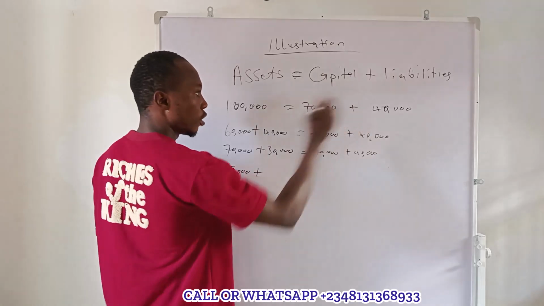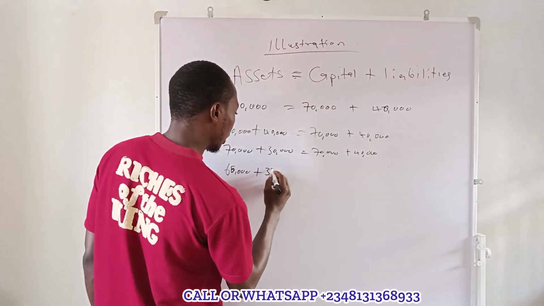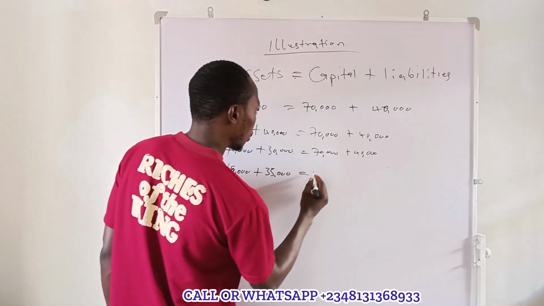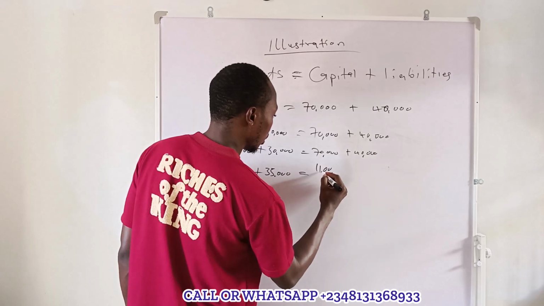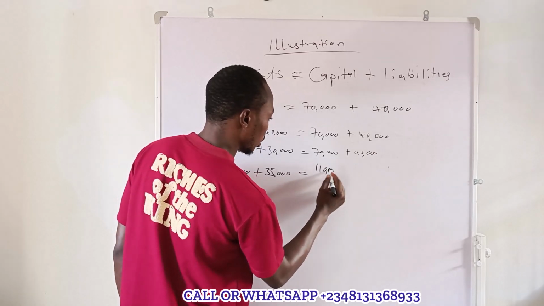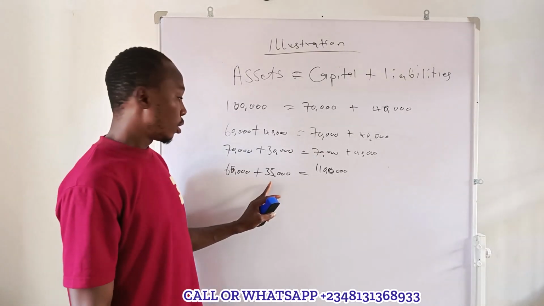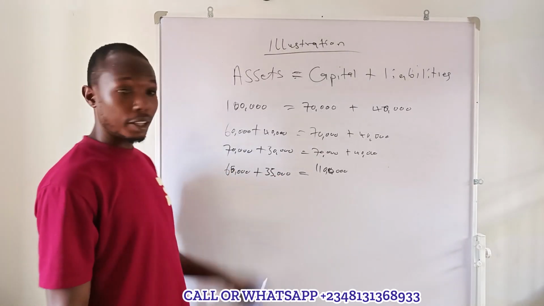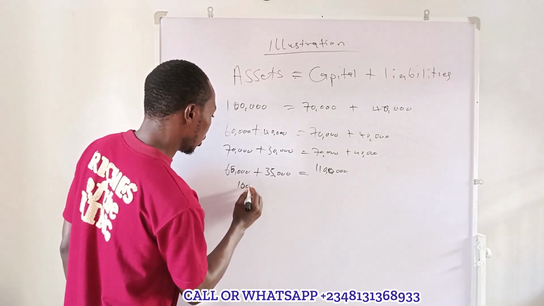Then similarly, the 40,000 inventory we purchased was recorded as 35,000, which is still giving us 110,000 here, and here is giving us 60 plus 30 is 90, then 5.